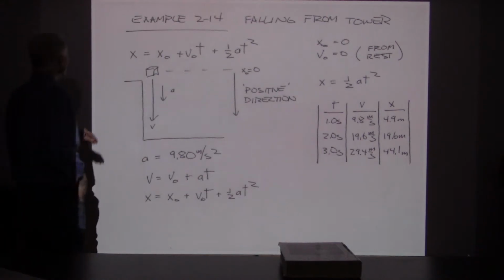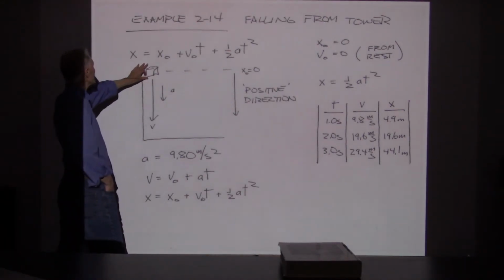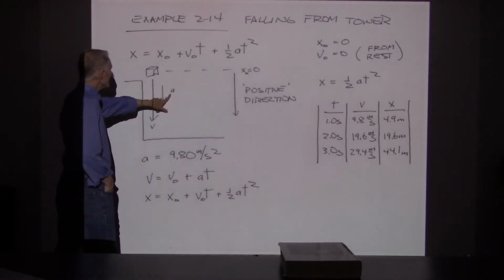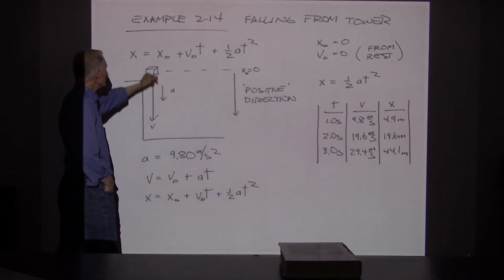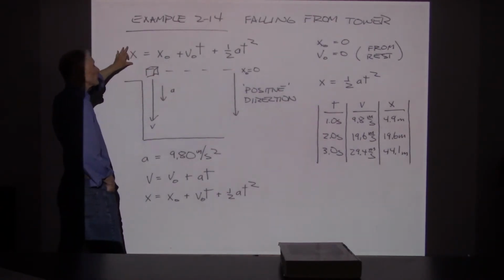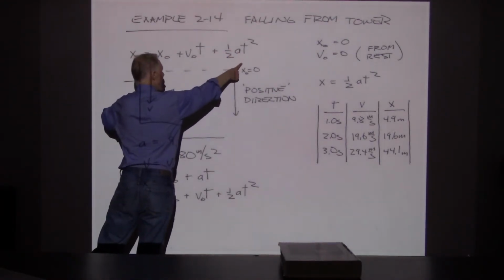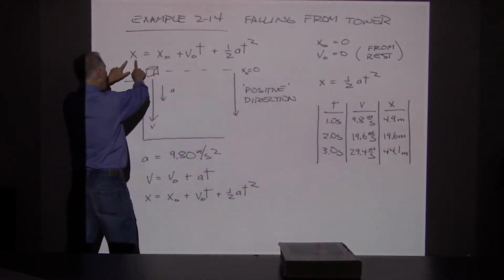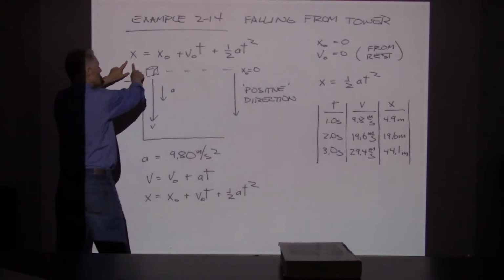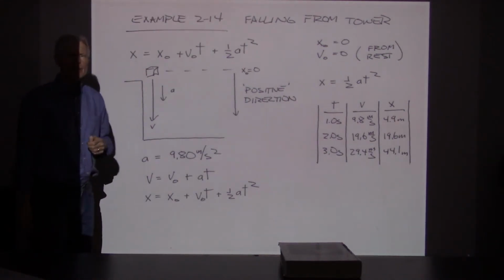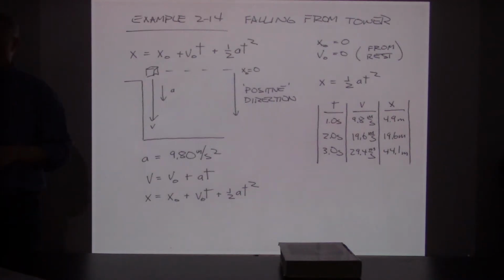Here we go. So here is the object. See how well I drew that? There is an acceleration. And here is the formula I want to use, because what they said is, as time goes by, how far will the object have dropped? Now, you might say, but wait a minute, isn't this the y-axis?